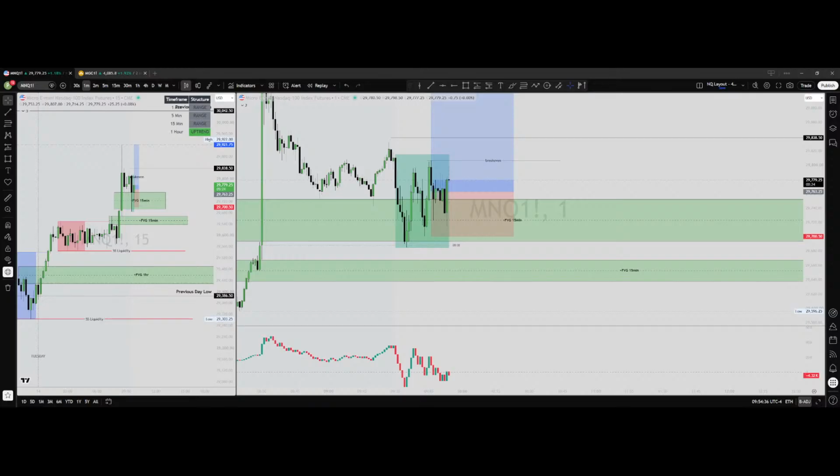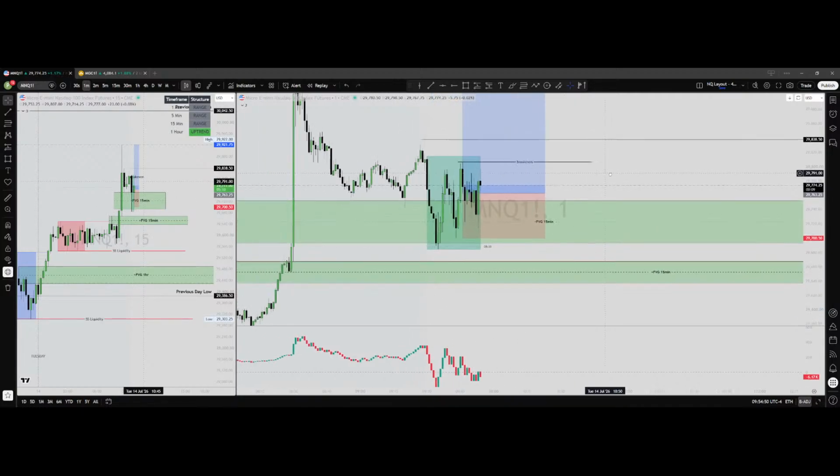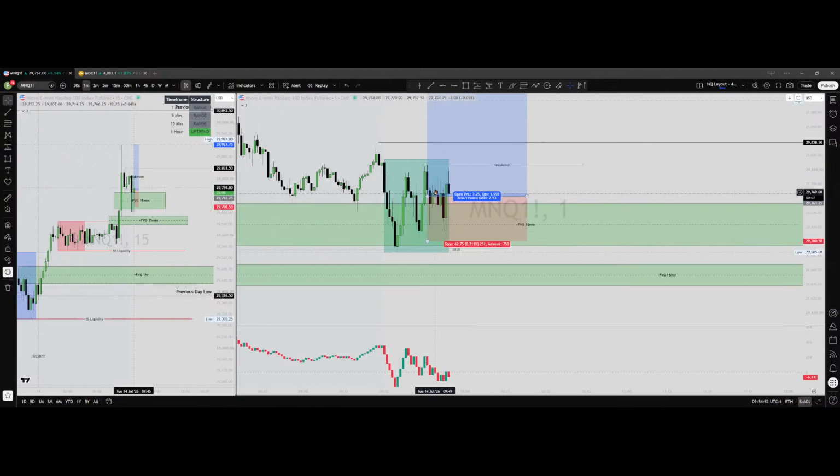I'm going to put my stop to break even right now. If it hits, it hits. This is not a good level. Look at this, price getting rejected here so many times.